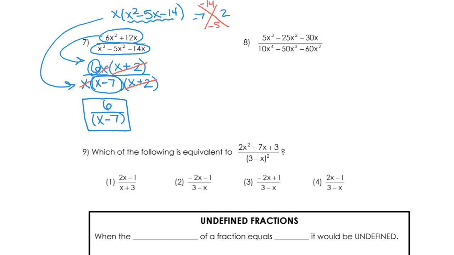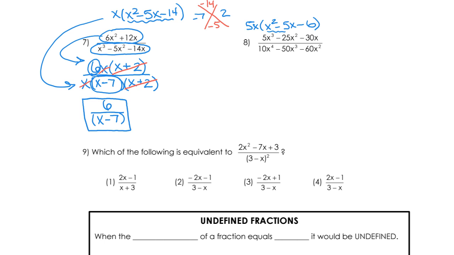Okay. Number 8, first type of factor, and we always ask ourselves, is there something in common, a greatest common factor? And there is a number, which is 5, and a variable of x. So we're going to go ahead and pull out the 5x, and I'm going to do it right up here. And that's going to go ahead and leave me with an x squared minus 5x minus 6.